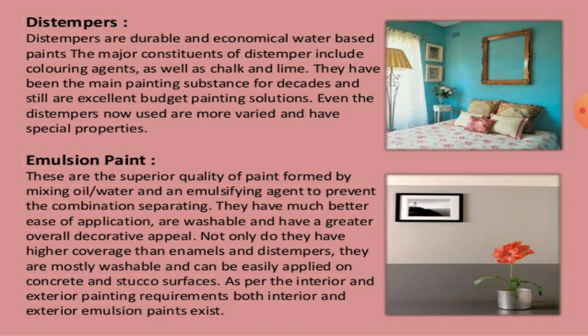Not only do they have higher coverage than enamels and distempers, they are mostly washable and can be easily applied on concrete and stucco surfaces. As per interior and exterior painting requirements, both interior and exterior emulsion paints exist. You can see in the above picture there is the distemper painting and in the below there is the emulsion paint.